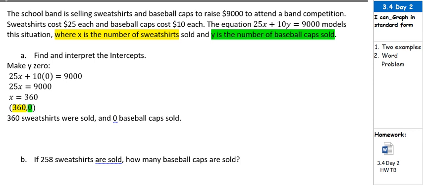Now that's just one intercept. Remember, we need to find 2. So finding the other intercept means we need to make X 0.